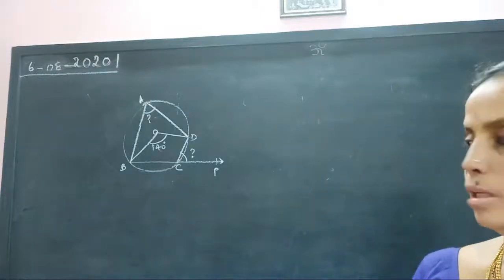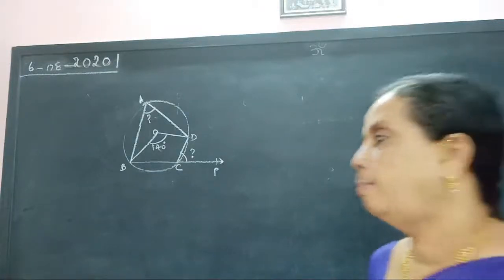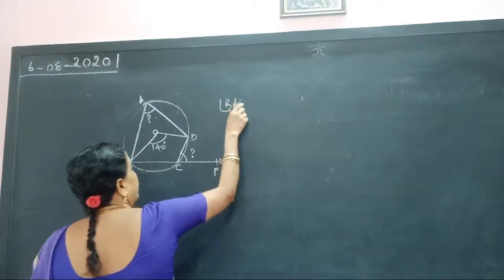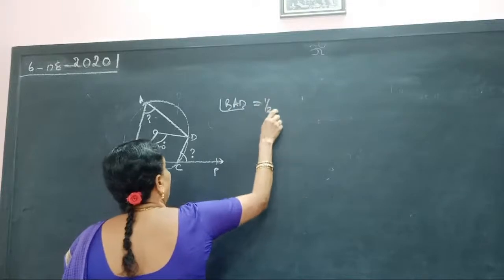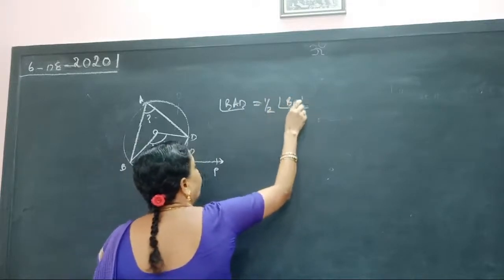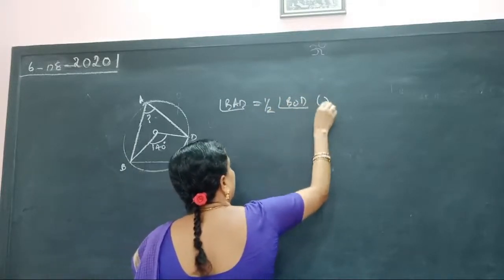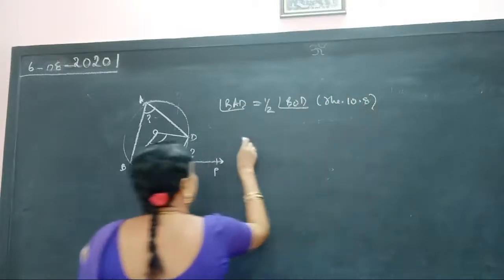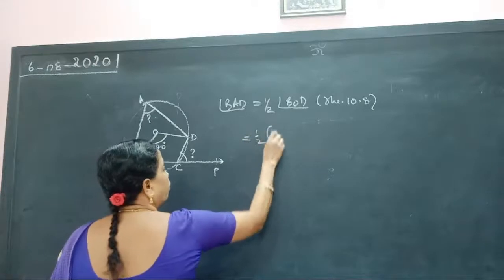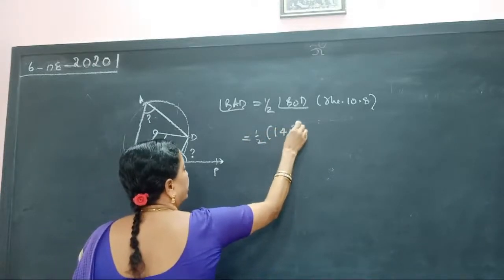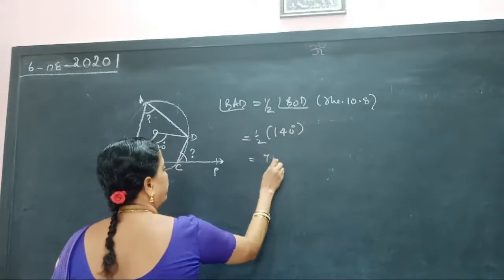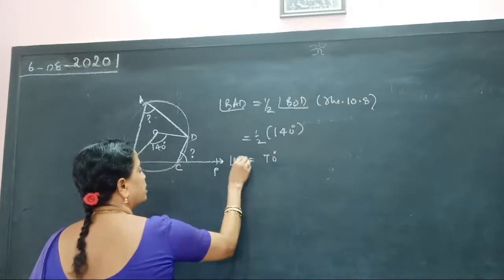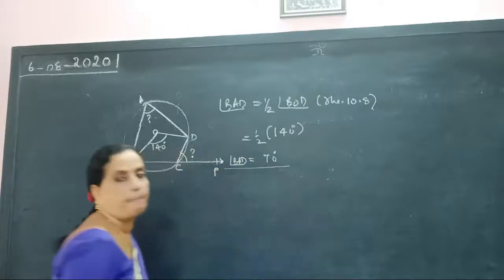Write up the answer. Angle BAD equals half of angle BOD, Theorem 10.8, that is half of 140 degrees, which is 70 degrees. Angle BAD is 70 degrees.